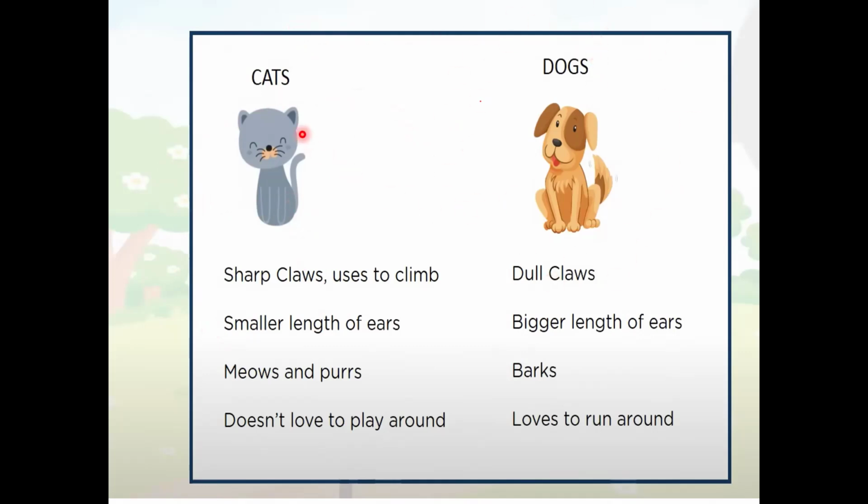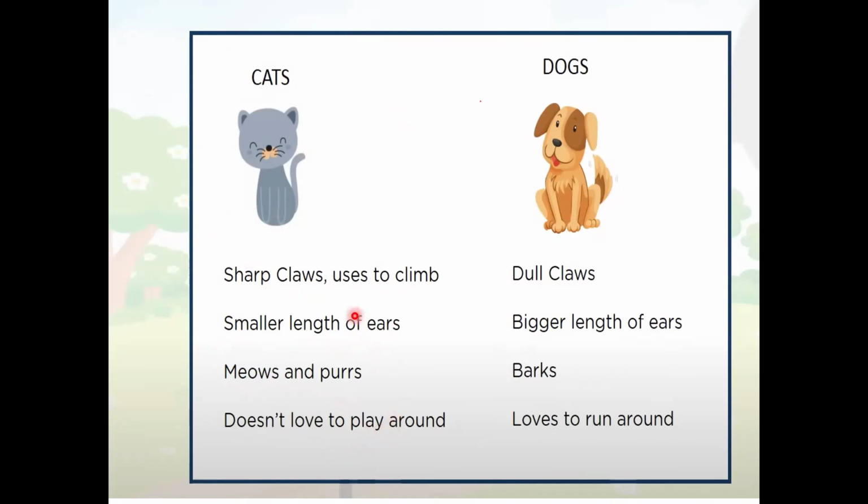As I stated in the first slide, this is supervised learning, where we give details about the data we are storing in the dataset or database. So for cats, I give qualities or attributes like sharp claws, uses to climb, smaller length of ears, meows and purrs.